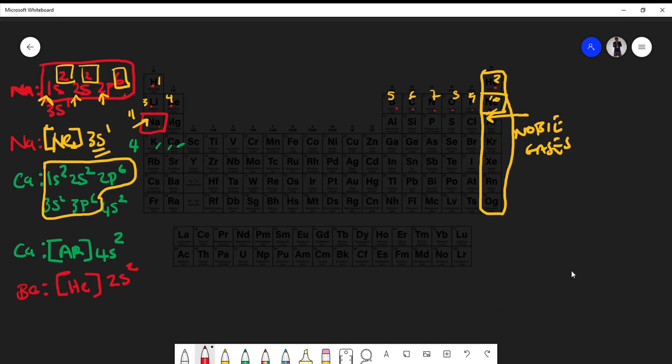Again, in this case, this would be the shorthanded formula for beryllium. Now, beryllium has a total of 4 electrons, and it should make sense that helium has 2 electrons, and here are our other 2 electrons that we're missing. And so, guys, this is how we actually write the shorthanded formulas for electron configurations.